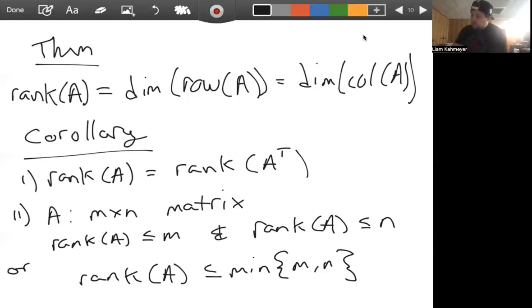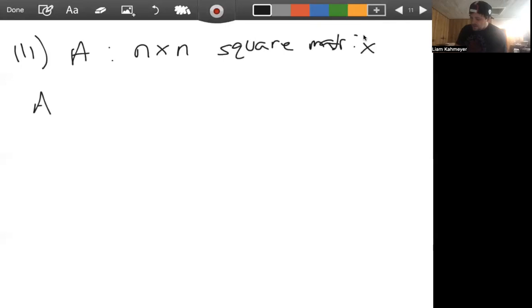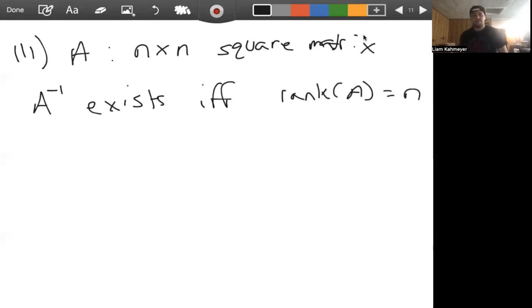So, what else do we have? Let's say A is an N by N square matrix for now. Then A is invertible, meaning A inverse exists, if and only if we have max rank, meaning that the rank of A is the number of columns and the number of rows, right?